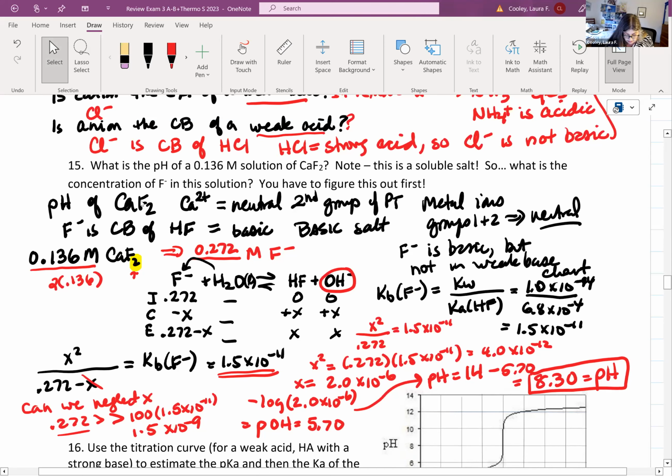You have to take the ion, which is really going to be the conjugate base of some weak acid. So it's basic. React it with water. This is called a hydrolysis reaction. Gives you hydroxide. Do an ICE chart. Figure out the KB for F minus, which is the K for this hydrolysis equation, from KW and KA.